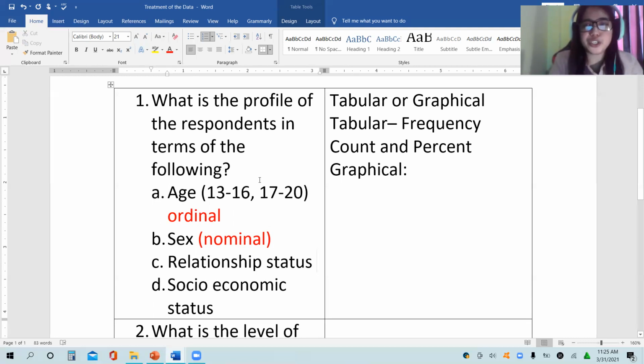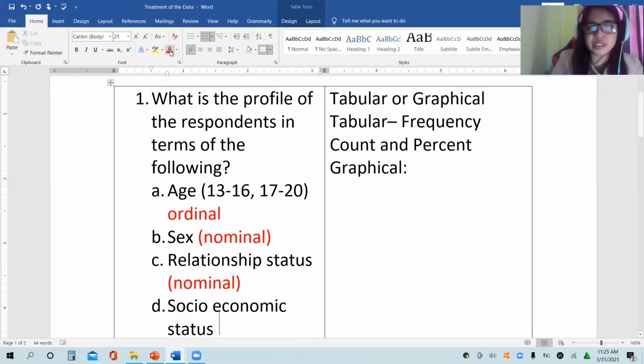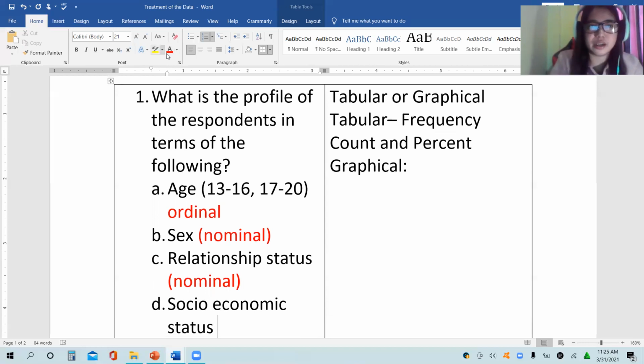So for relationship status, this is also nominal data. Socioeconomic status is ordinal data.